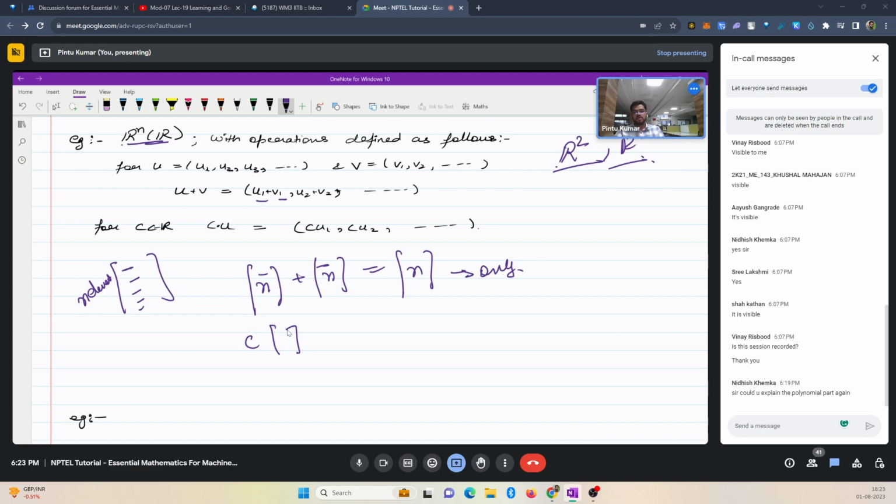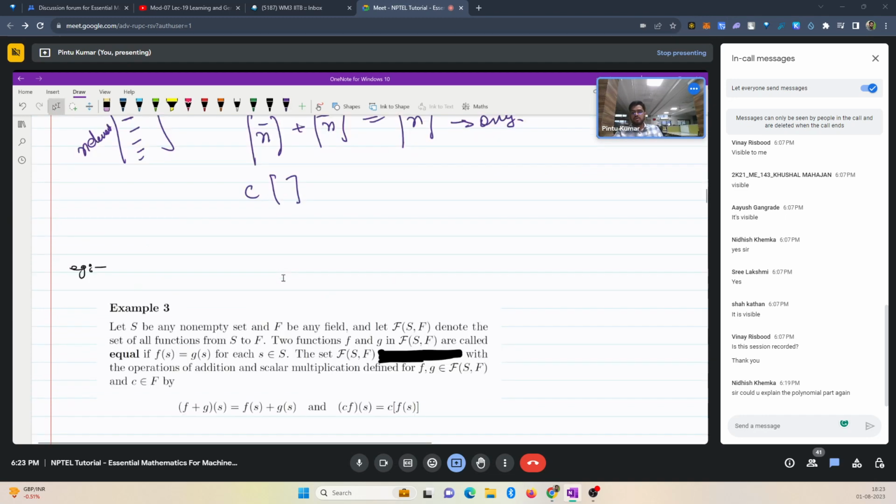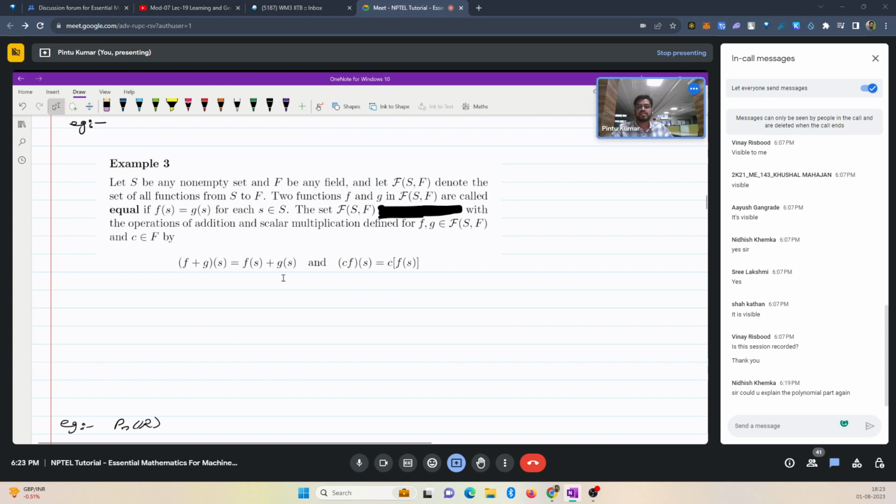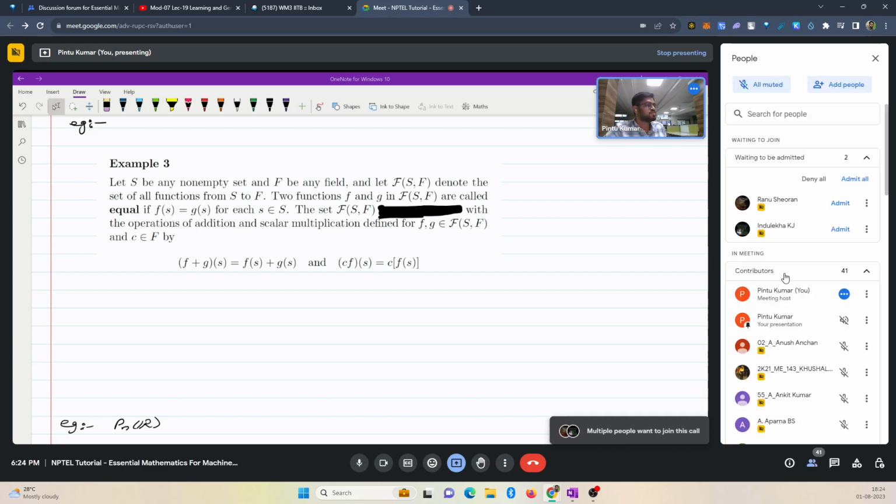Now here is another example. As I was talking about polynomials, now we are talking about function spaces. So this is the first example of a non-Rn kind of a thing. Let's say we have a set S, and we also have some field. So what is a field?